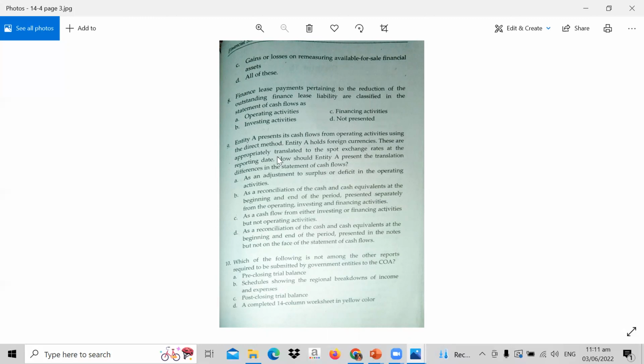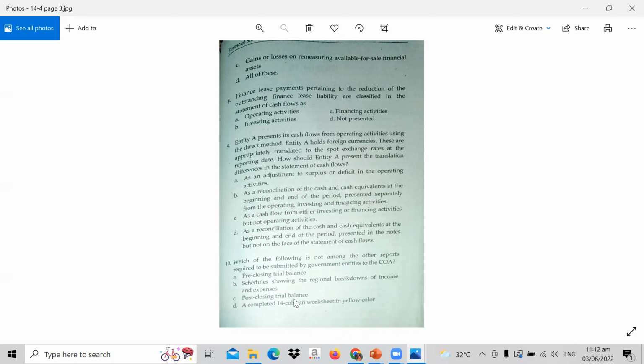These are appropriately translated at the spot exchange rates at the reporting date. How should entity A present the translation differences in the statement of cash flow? Our answer is letter B, as a reconciliation of cash and cash equivalents at the beginning and the end of the period, presented separately from operating, investing, and financing activities.